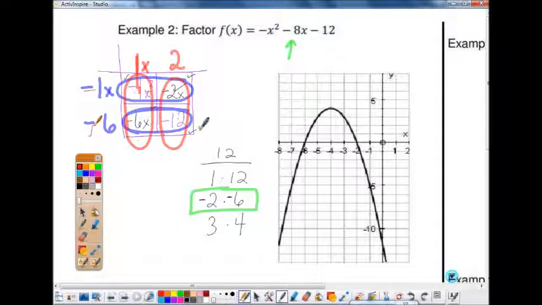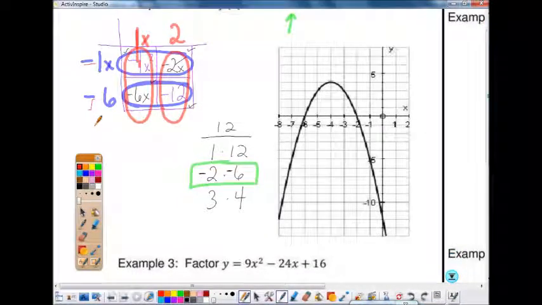Now, if you look at the original problem, we used the letter f of x. Now, don't panic because you see the f of x. This is just a simple way of writing y equals. Also, we write it like this because eventually we're going to graph it in the calculator. So we're looking for a function of the letter x.